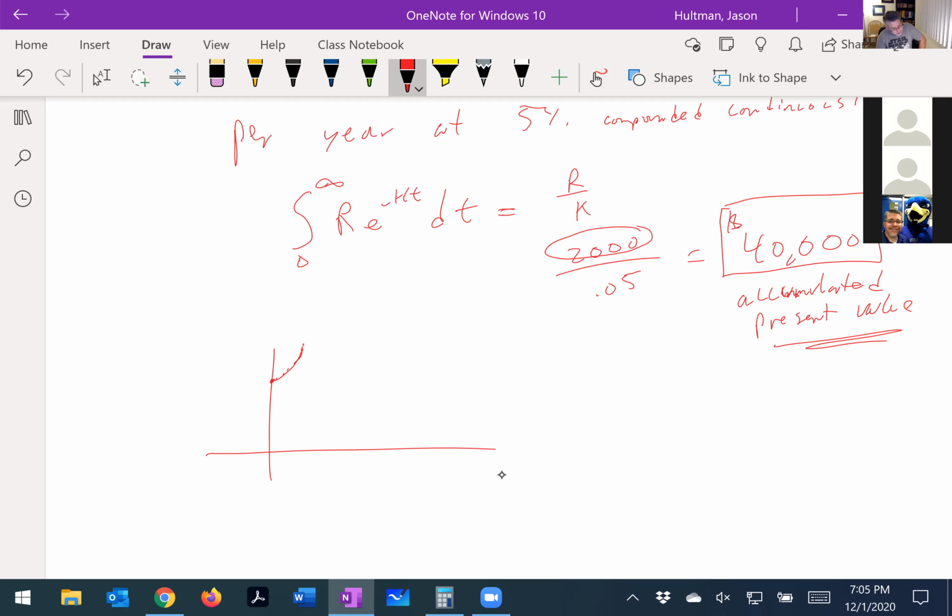Accumulated present value of a continuous money flow of P that is constant from now until t years in the future.